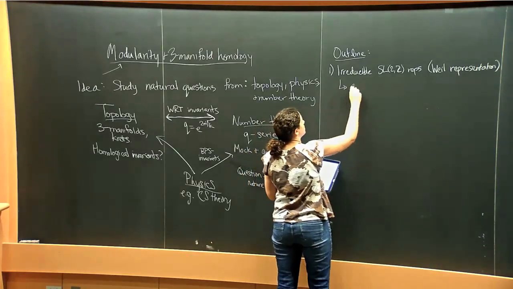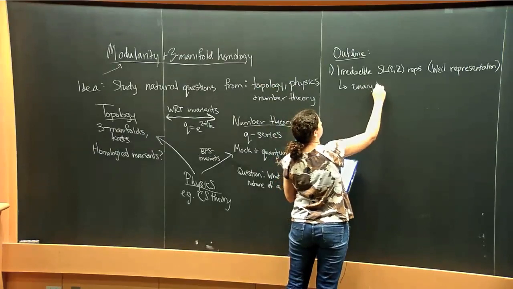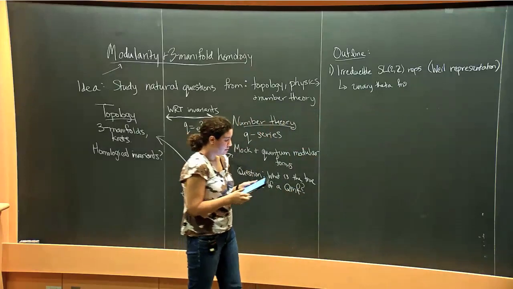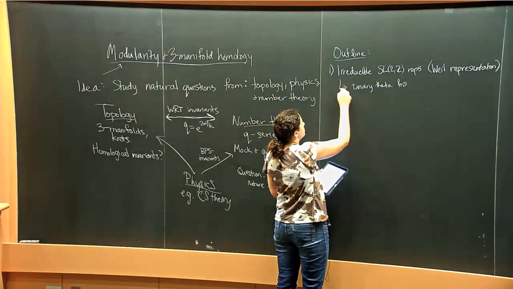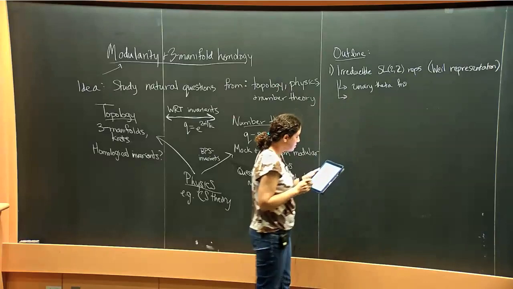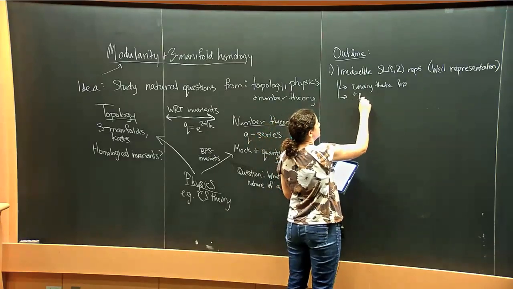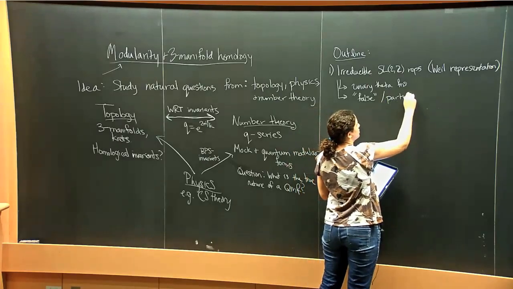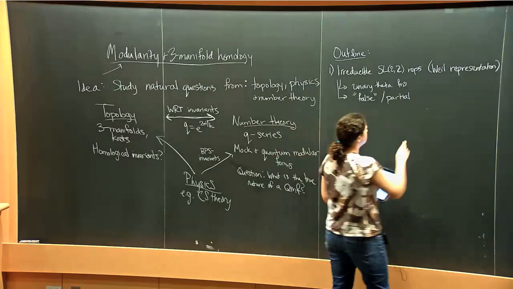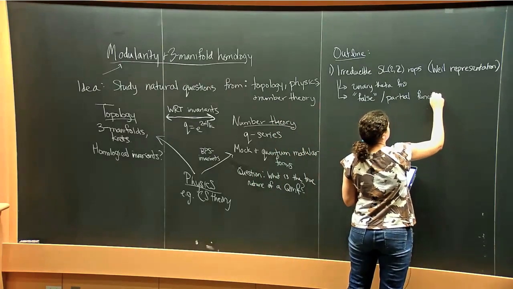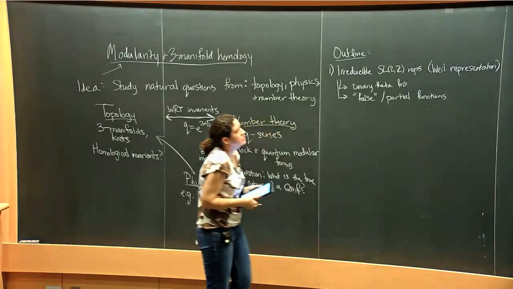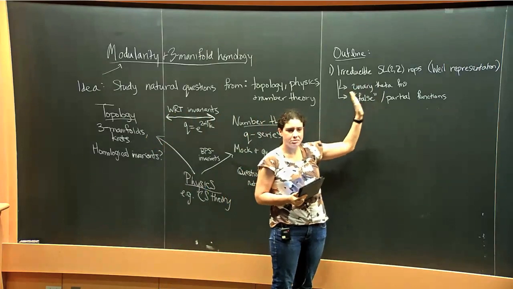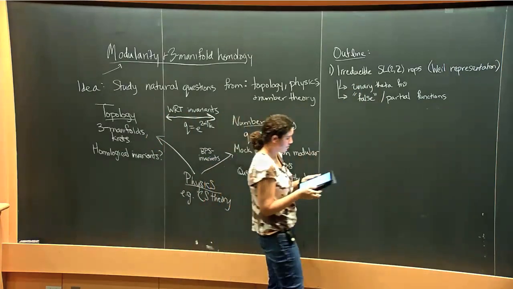And these objects are related to things which are probably very familiar, unary theta functions, which form a vector-valued representation of SL2Z, and other perhaps less familiar objects, called false or partial theta functions, which are not modular at all in any way. But nevertheless, they have a very intimate connection to very familiar traditional modular functions or forms.